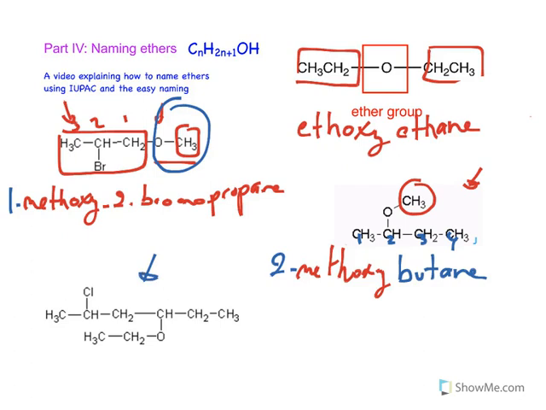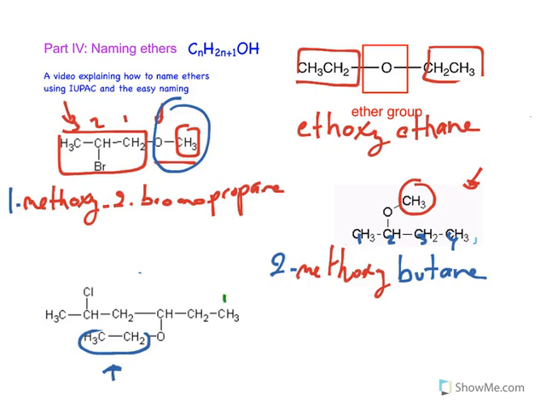Looking at this example over here, this is the first group, the first R bonded to O, and this is the second R bonded to O. This will take the alkoxy termination. So numbering the other chain, this is how we're going to number it.